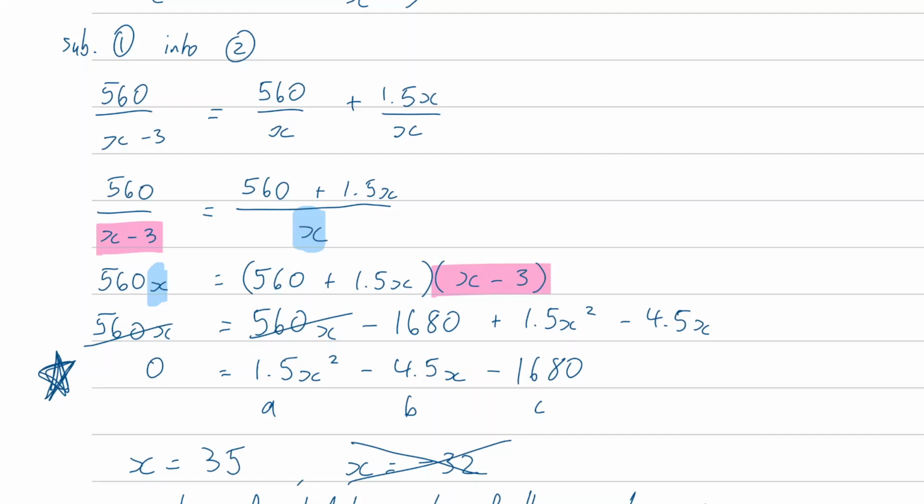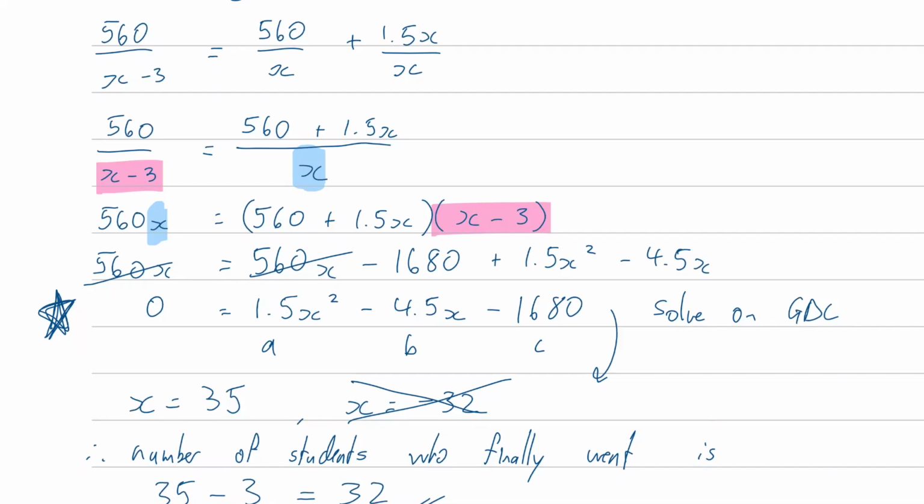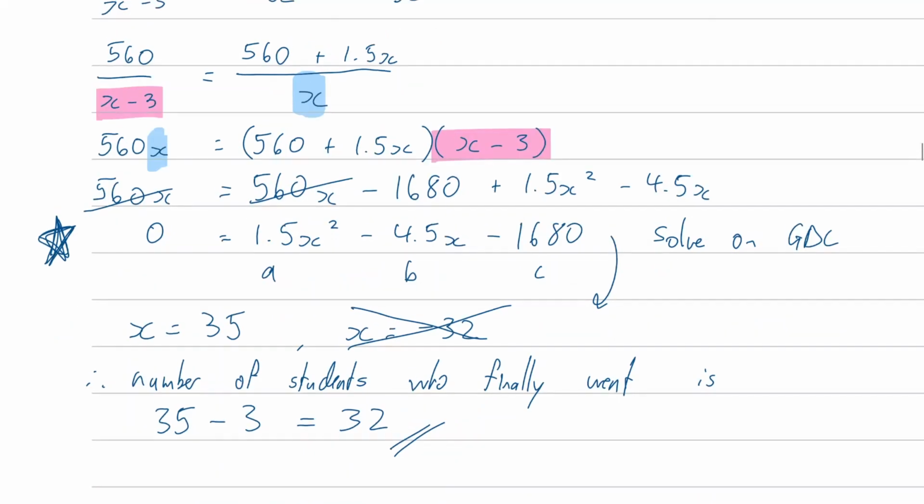And we just solved it. So solve on GDC. In this case, that's totally fine, right? We don't need to show evidence of factorizing or completing the square or anything. We found out what x was, and then we related it back to the problem of the number of students who finally went. So we're done. Good job.